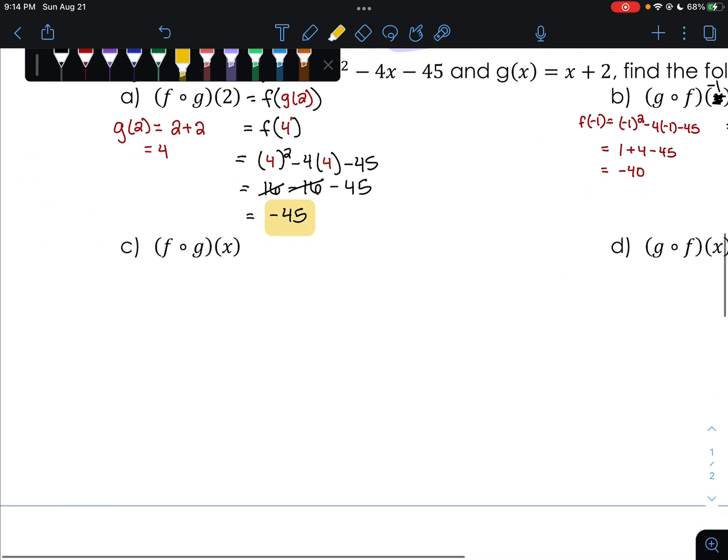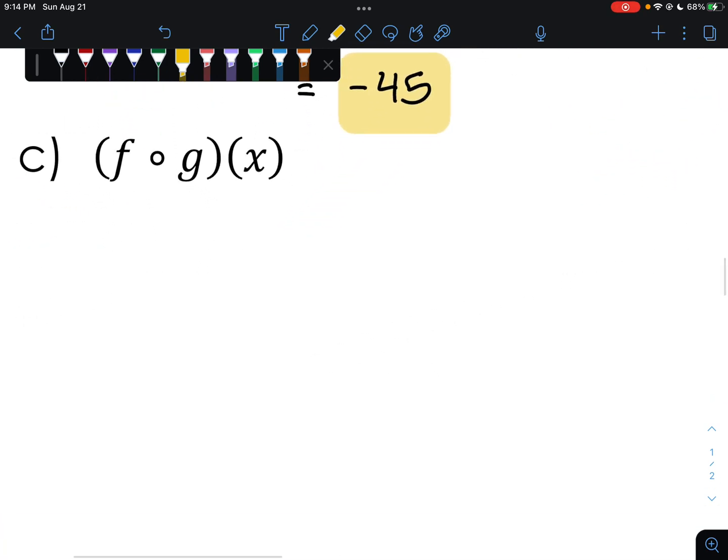Okay, moving on to now just evaluating functions, function inside of a function rather than dealing with numbers. So we rewrite this as f of g of x. So this is where we're going to plug in g of x anywhere there's an x in f. So what this looks like is f of x plus 2.